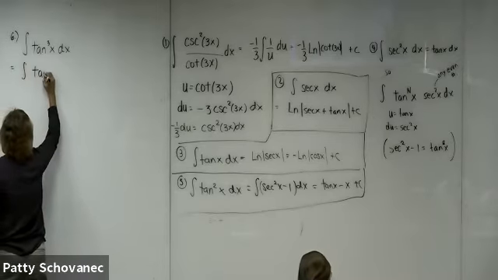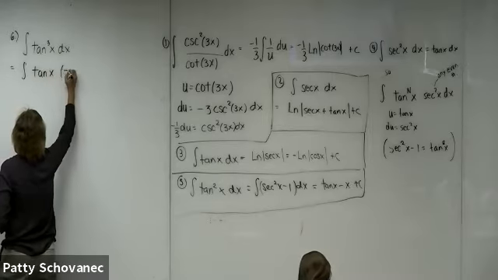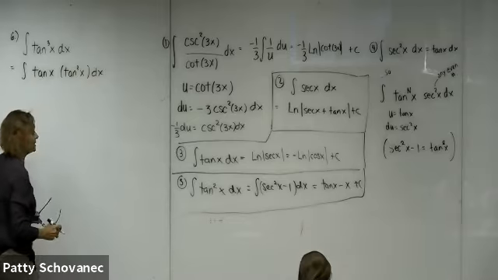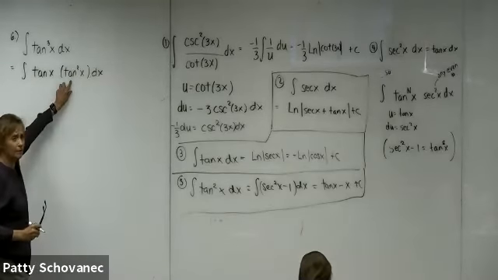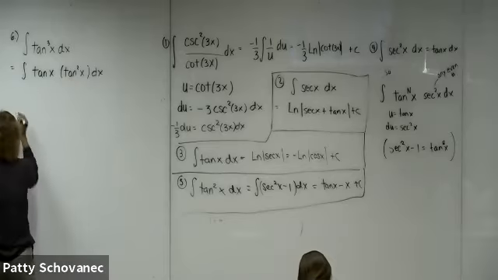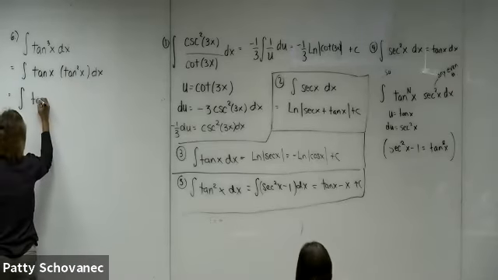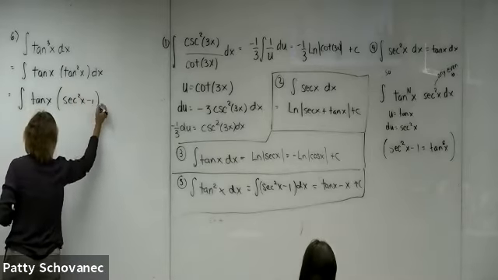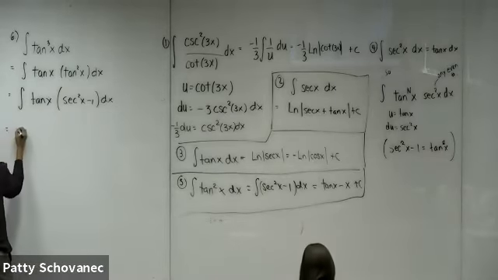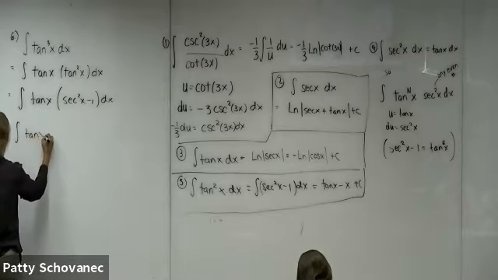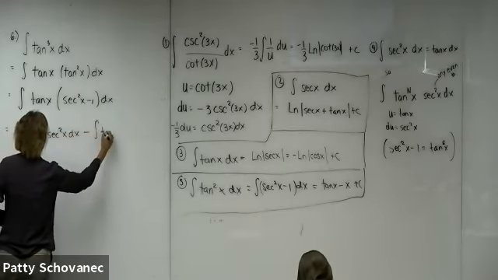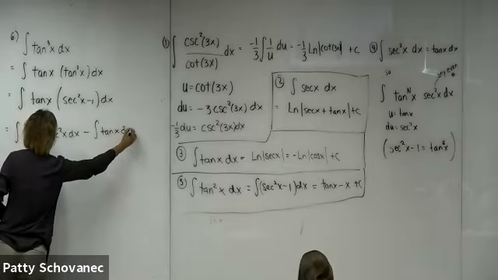So I'm gonna move the tangent squared. If we have a tangent, we need a secant squared, so that's why we got him here. So now we can use that trig identity and put in a secant squared minus 1. And break this up into 2 integrals, the u du integral. And then the known integral. Right?